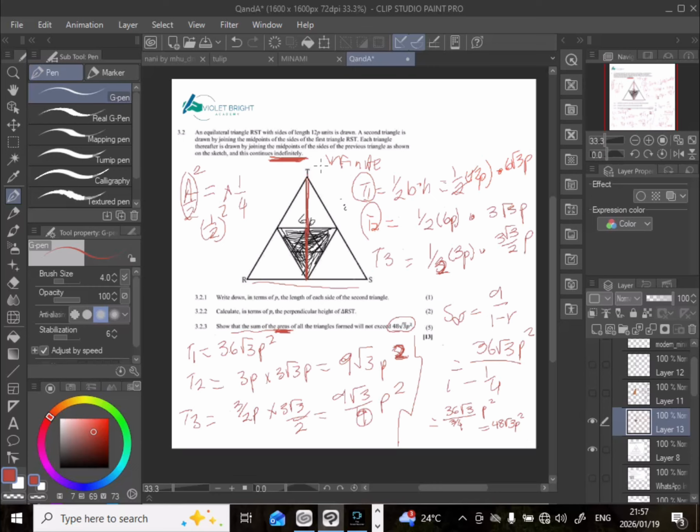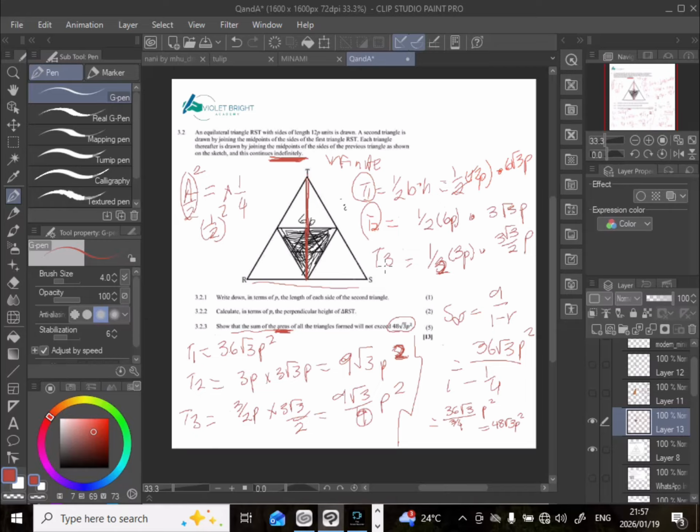They told us that they will be joining the midpoints of this triangle and drawing another smaller triangle inside.